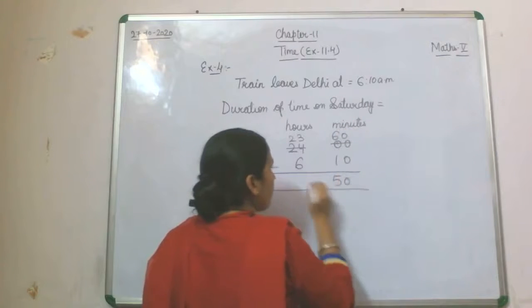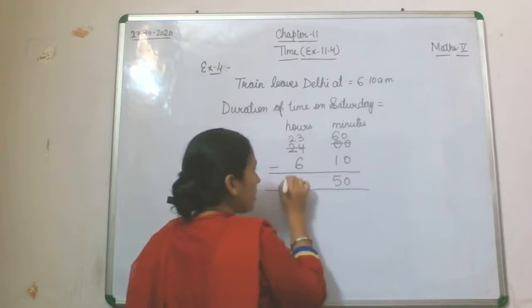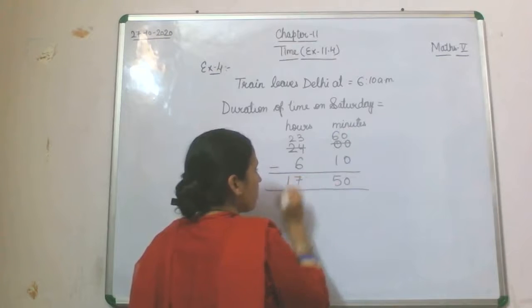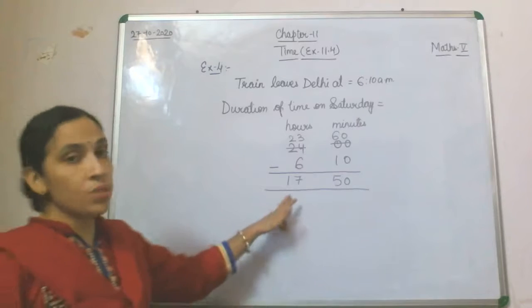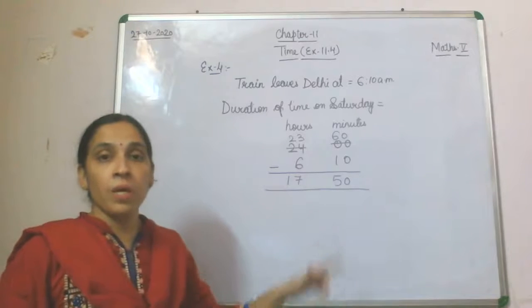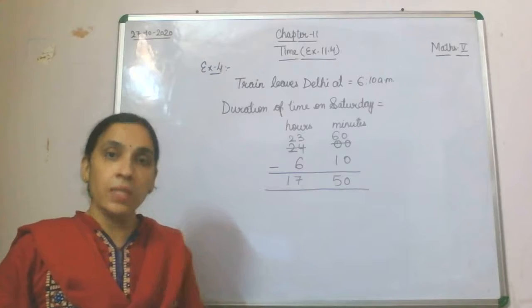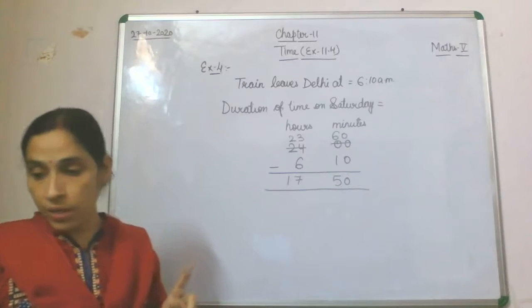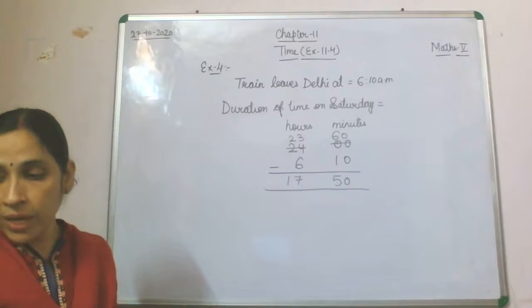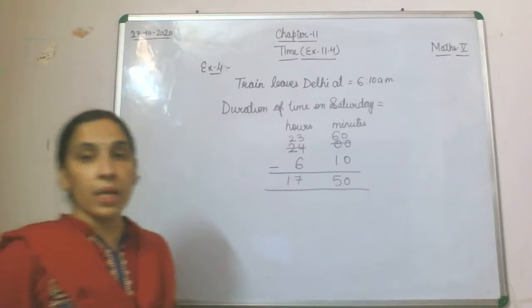So this will become 50 and 23 minus 6, what will be left? 17. So this was the duration of time which that person spent on Saturday in the train.